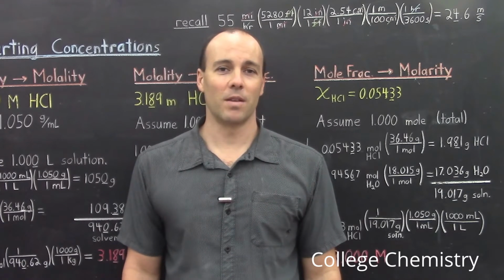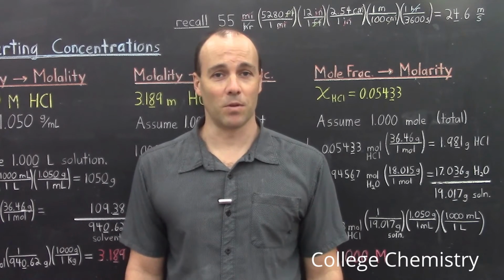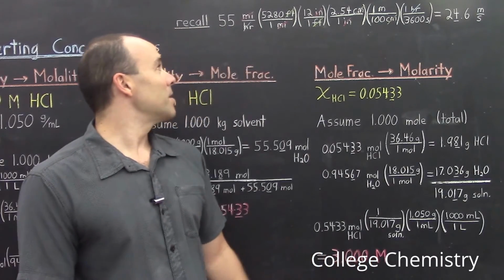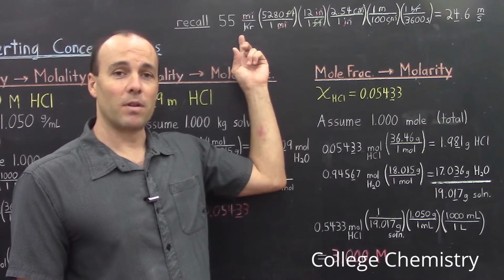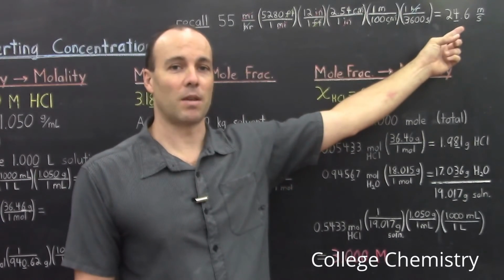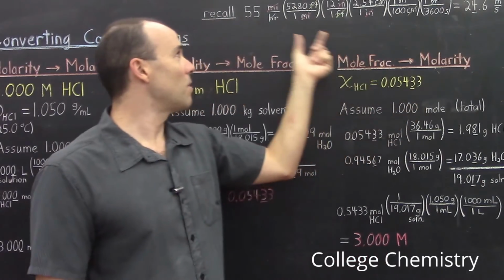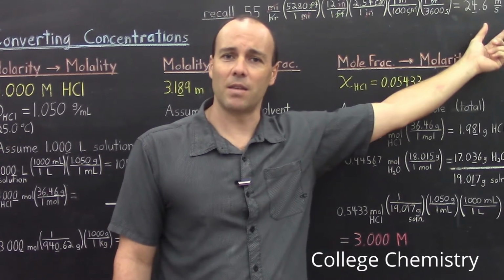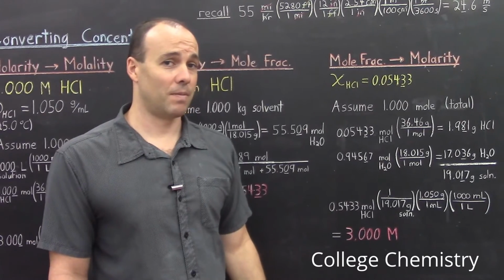First, let's recall a normal type of unit conversion, and you may have seen this one before. Let's take 55 miles per hour and convert it to meters per second. Now here the starting unit and ending unit are both units of velocity, and they're of the same type.